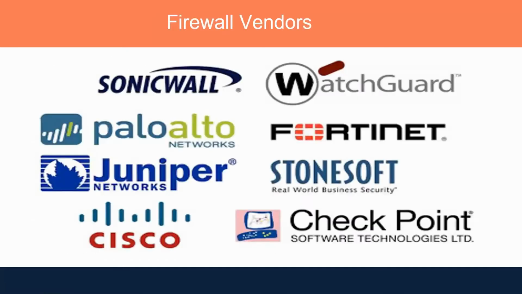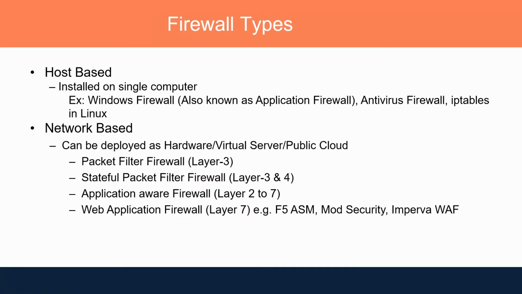Now, firewall vendors. We have many vendors. Checkpoint is also one of the vendors and it's very famous. Now, types of firewall: we have host-based firewall and network-based firewall. A host-based firewall is going to protect a host only, but a network-based firewall is going to provide complete protection for the network.